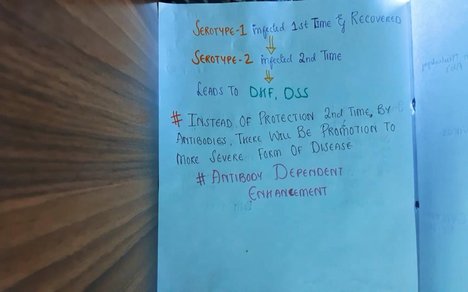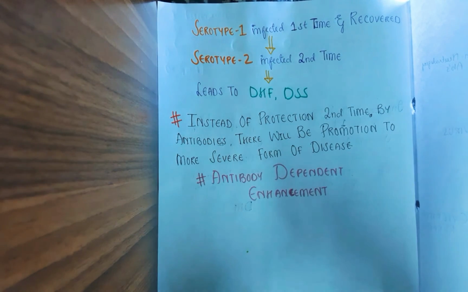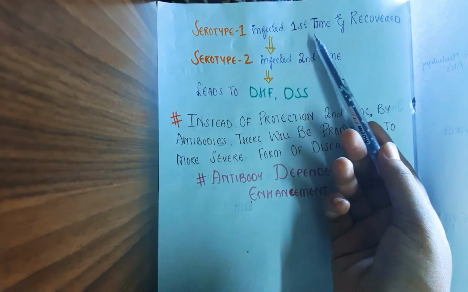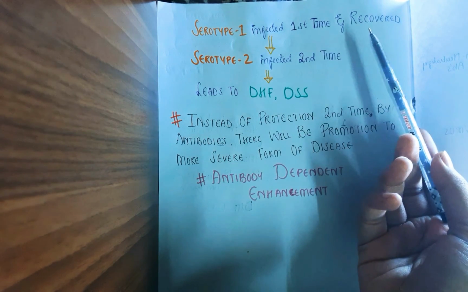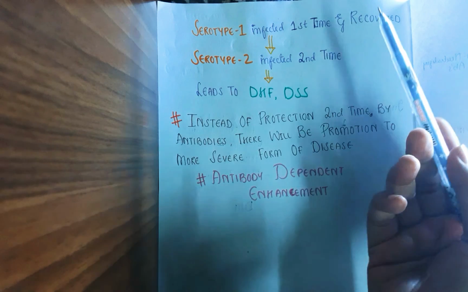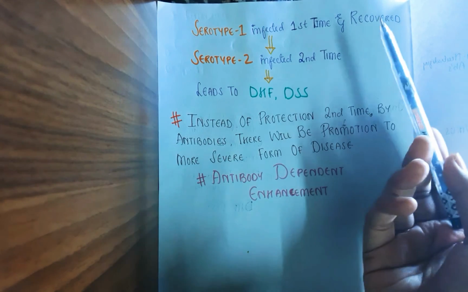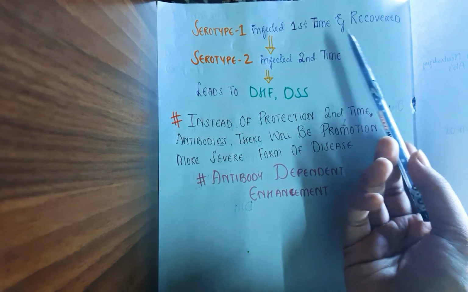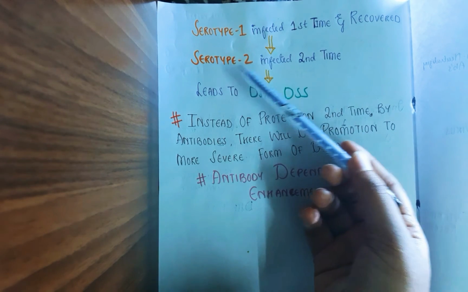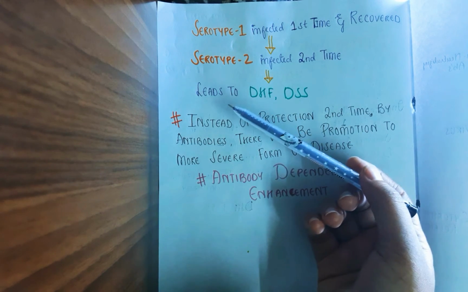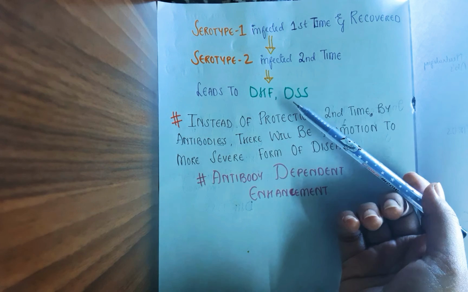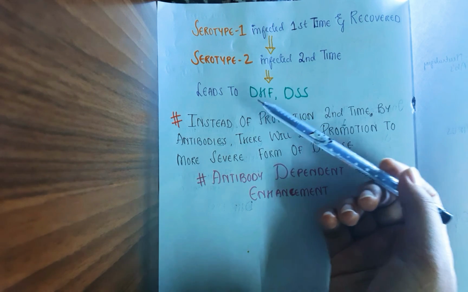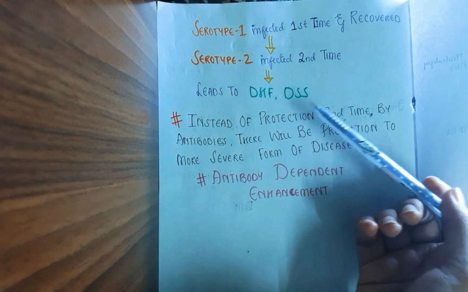The summary. When the person gets infected with serotype 1 for the first time, he will recover because there is formation of neutralizing antibody that will neutralize the virus. But on second exposure with serotype 2, this will lead to progression to a more severe disease, that is dengue hemorrhagic fever and dengue shock syndrome.